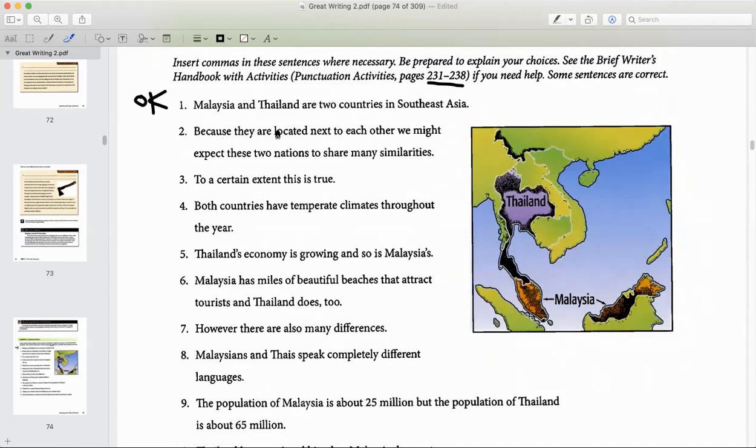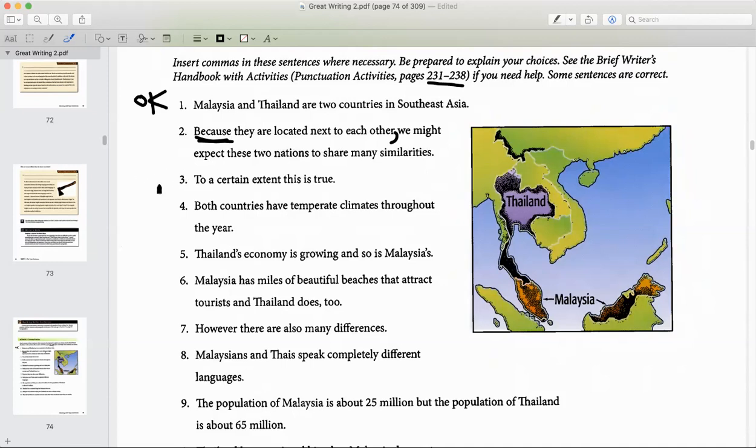Because they are located next to each other, we might expect these two nations to share many similarities. So they put this "because" here, we need more information to explain this idea. Because they are located next to each other, what? We're waiting for the rest of it, and this is the rest of it: we might expect these two nations to share many similarities.